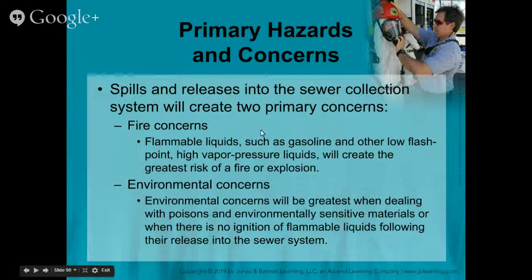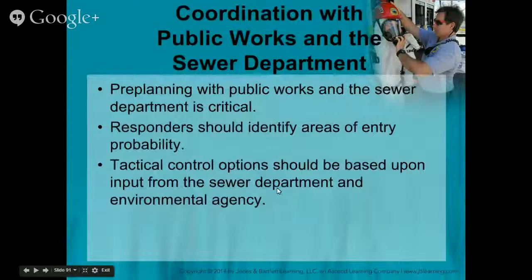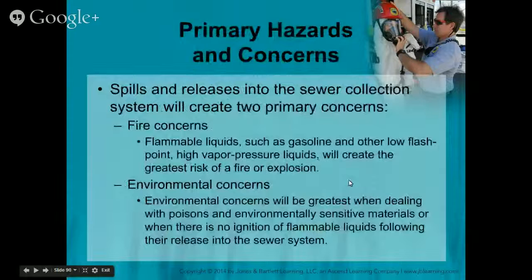Other concerns we look for, fire, obviously. Is this thing going to burn? If it's a high vapor liquid, it's going to burn, it's going to blow out. Environmental concerns. This is probably one of my biggest issues when we have a hazmat spill. What are we doing to the environment?